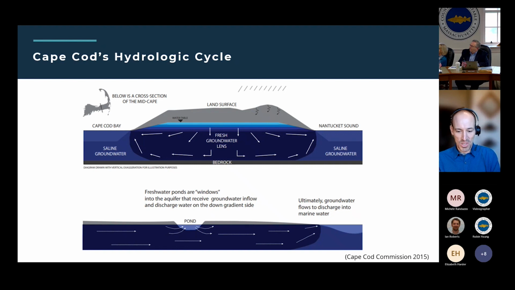So that's something that can be a little challenging to wrap your head around at first, because the water table itself behaves much like water does anywhere else. It's driven by gravity, and so it flows from high elevation to low elevation.